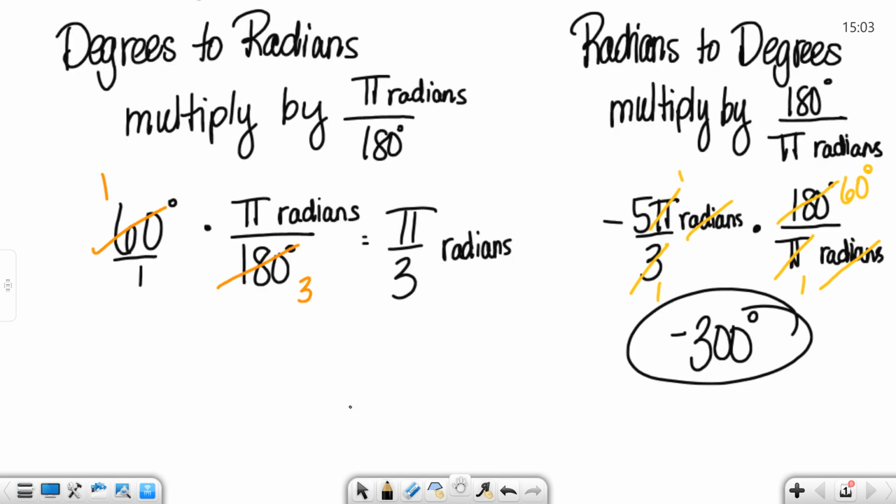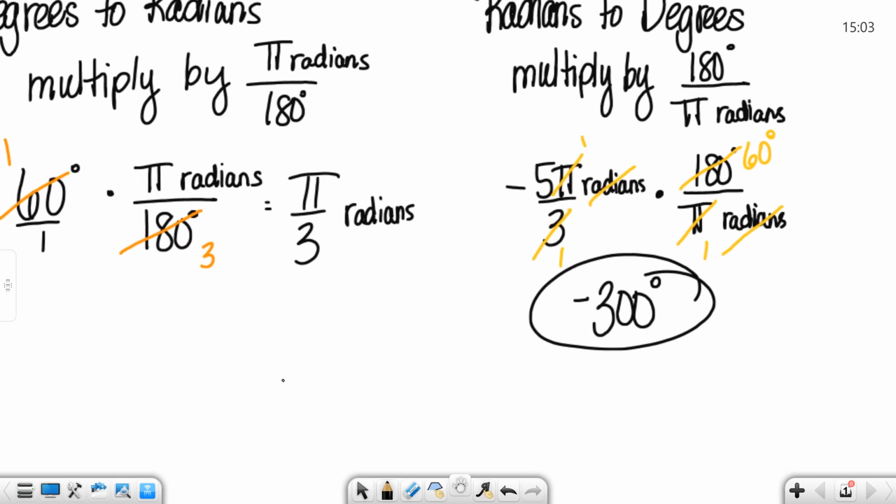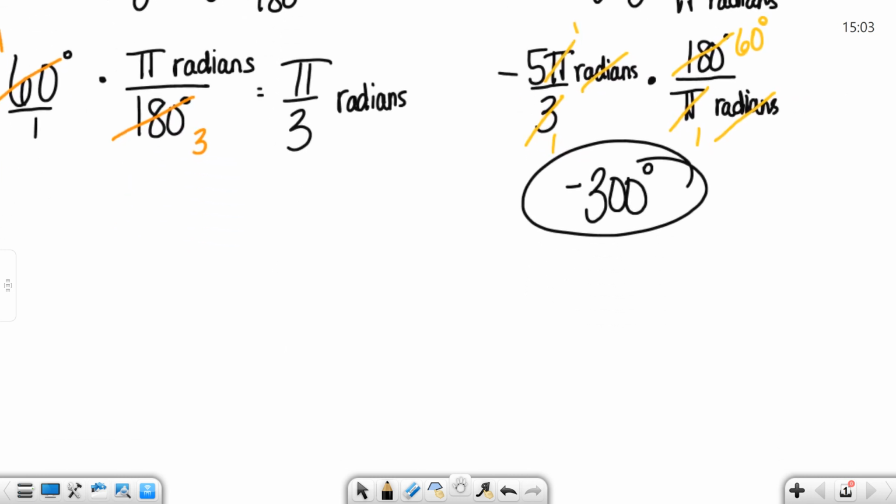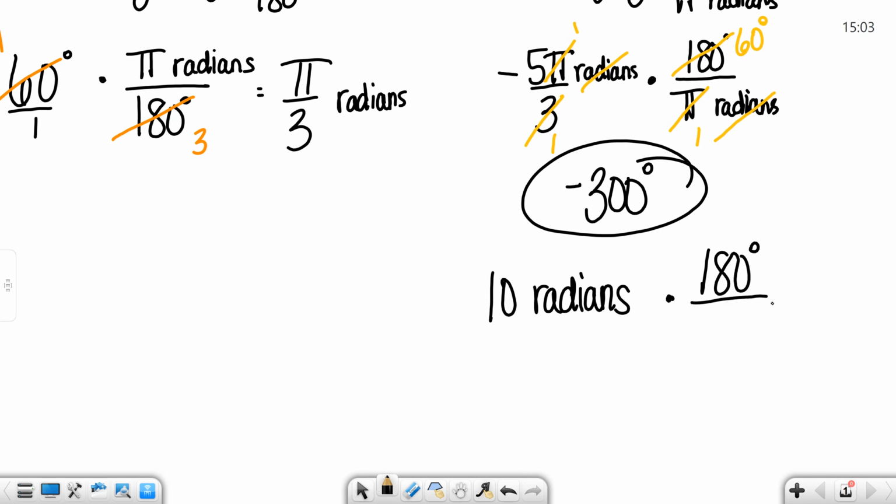Now sometimes it's a little tricky. There is a homework problem for you in my math lab where they make you change your radians to degrees, but it doesn't actually have pi written in it. So if I gave you something like 10 radians, now it clearly says the word radians, so we are definitely going from radians to degrees. So I'm still going to multiply by 180 degrees divided by pi radians.